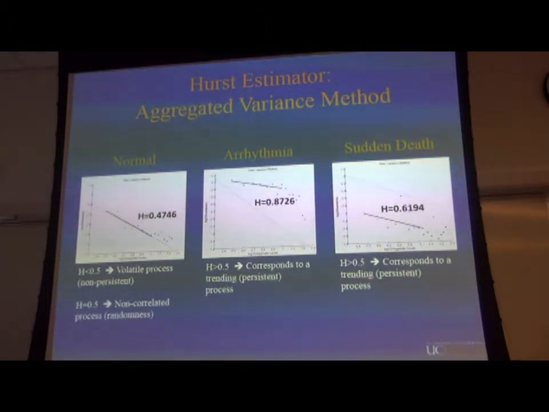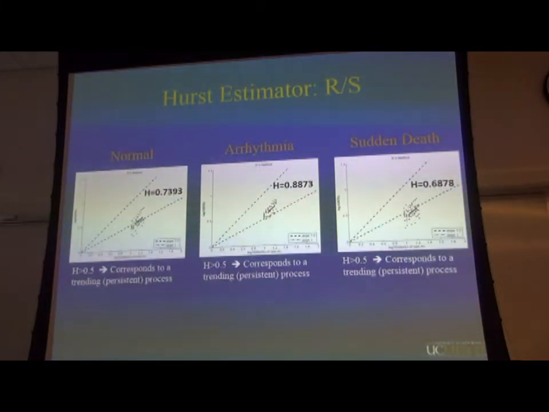What this is saying to me is that for the Hurst estimators, the arrhythmia and the sudden death are corresponding to these trends, and I'm assuming that these trends are the irregularities in the EKG, and they're essentially predicting that they're going to happen again.